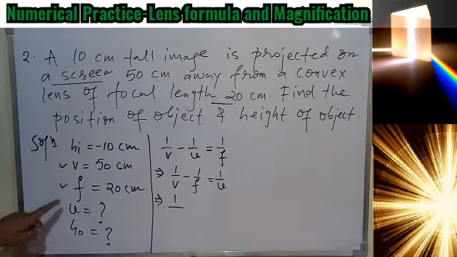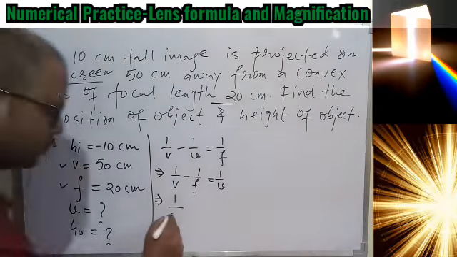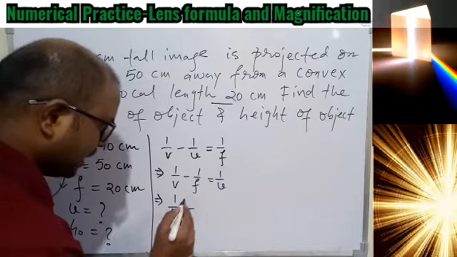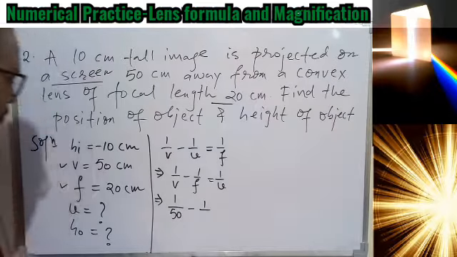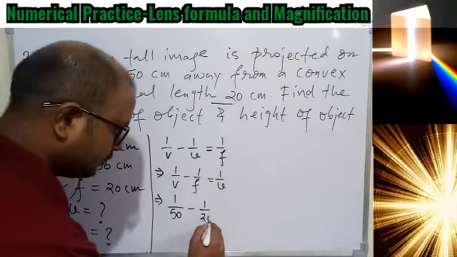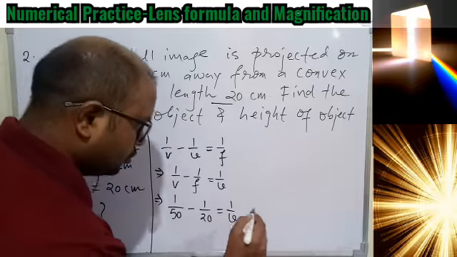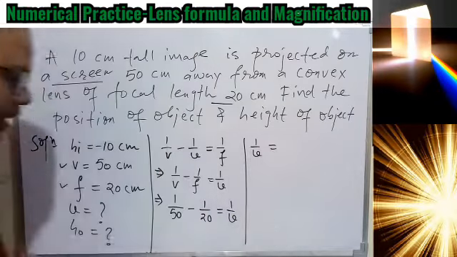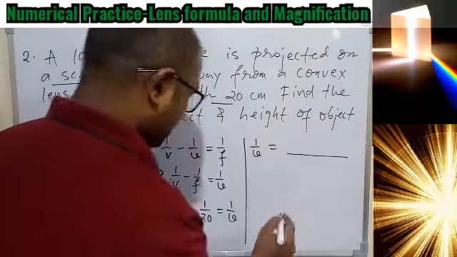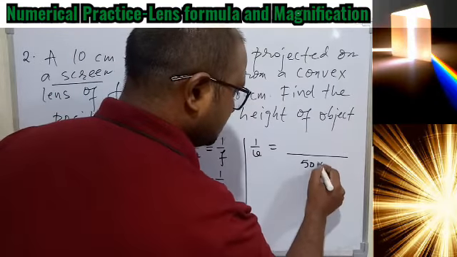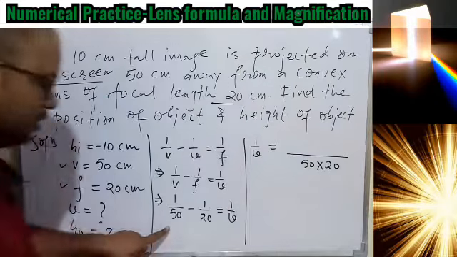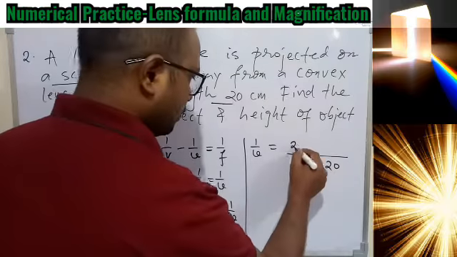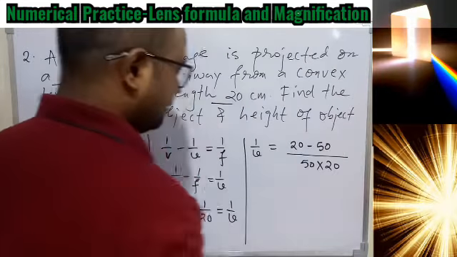And now let's solve it. So v is 50, write down as it is, minus focal length is 20. This is equal to 1 by u. So we can write down 1 by u is equal to, finally solve it. Again I'll solve in my own way. 50 into 20, and that will become 20 minus 50.